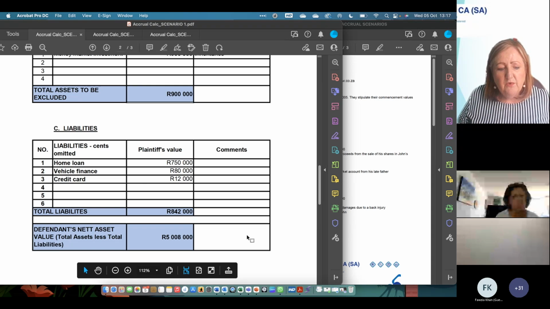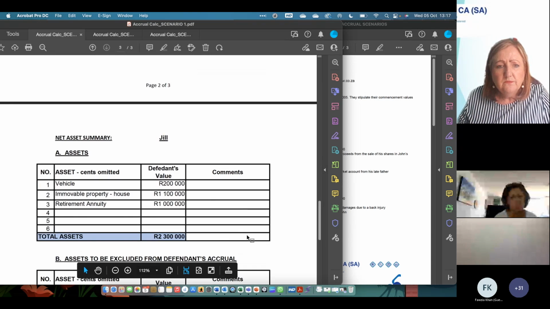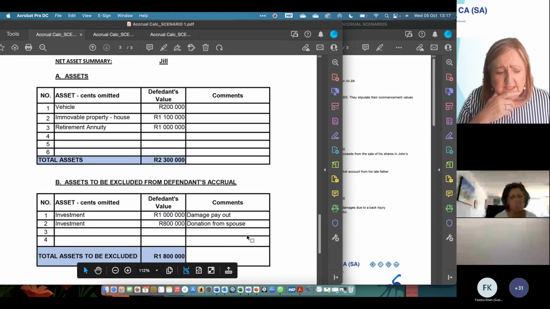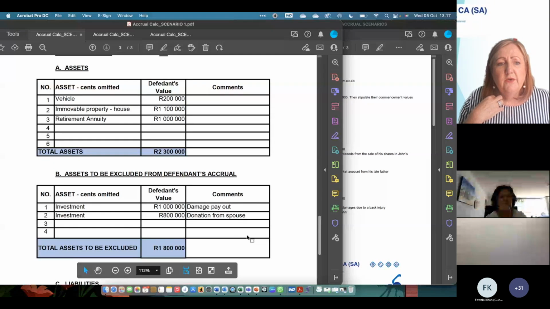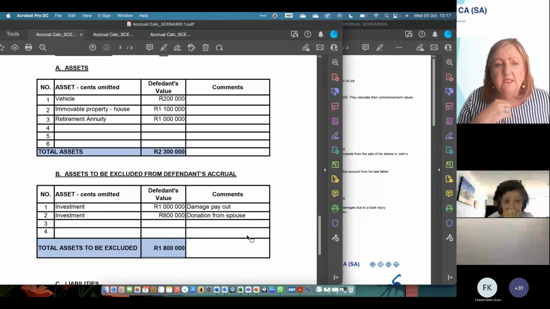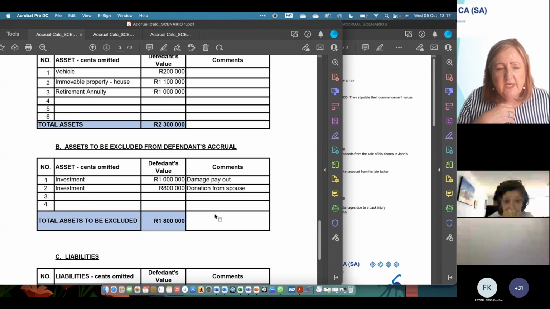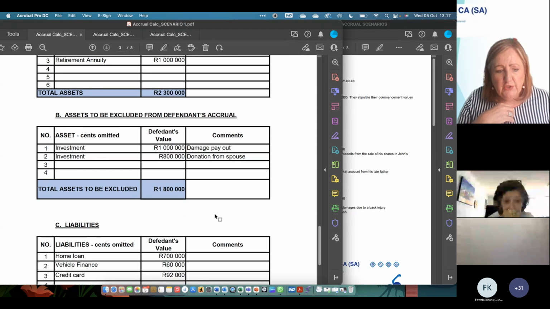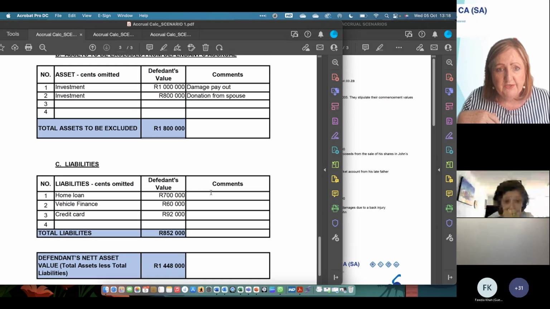Okay, and then if we move on to Jill's assets and liabilities. So Jill, her assets is the vehicle, her house of 1.1 million, her retirement annuity giving us a total value of 2.3, and then the assets that are excluded on Jill's side is the damages that were paid out, the 1 million for her back, and then also the donation that she received from John.